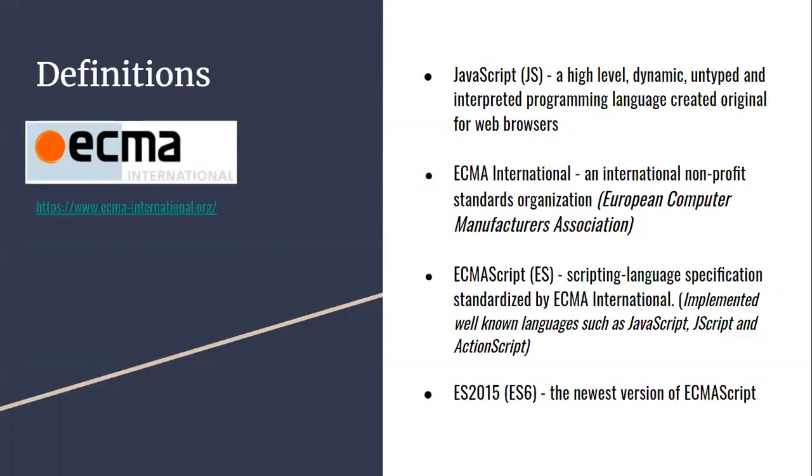Now that's a lot to say. When you finally learn all about the technologies we're going to use, it means a lot. It's very dynamic. Untyped, and we'll understand what that means, as opposed to strongly typed.